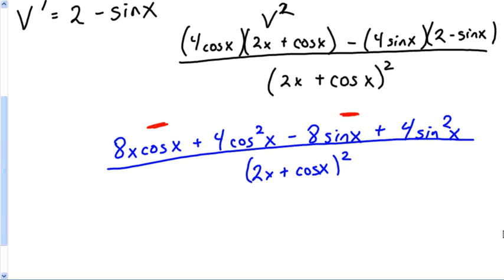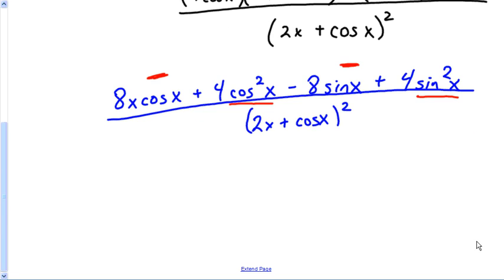But I do see this. Look at this. I've got a cosine square plus a sine square. And if I remember, that makes 1. So hold on a second. 8x cosine x, and then I'm going to grab that minus 8 sine x, and we could factor that 8 out of that, but it's not going to make it any prettier. Now I'm going to do something.